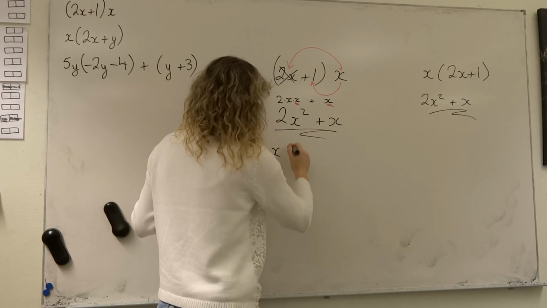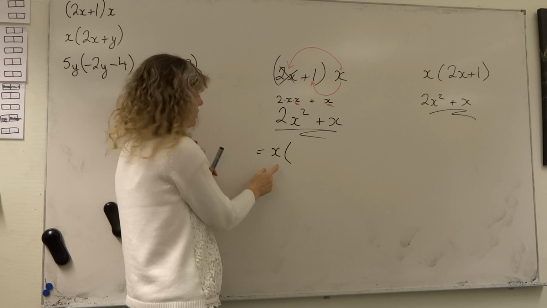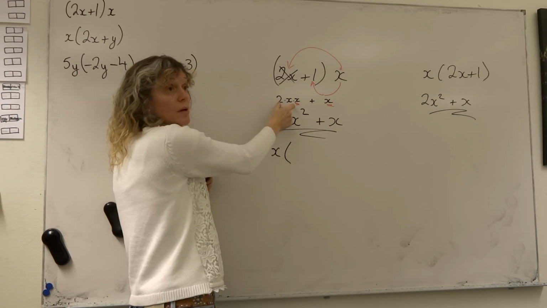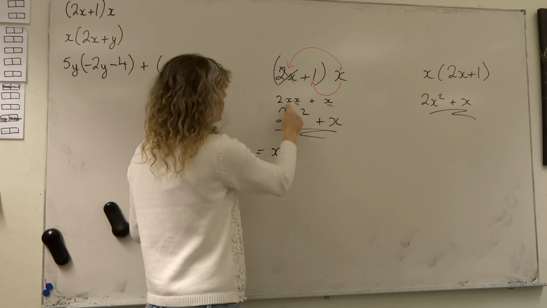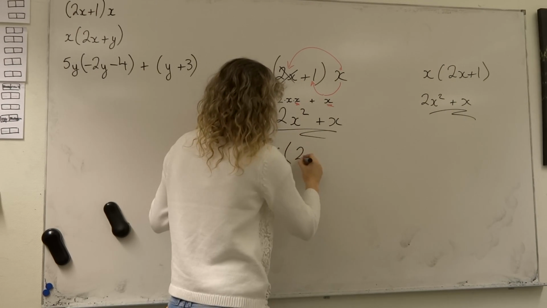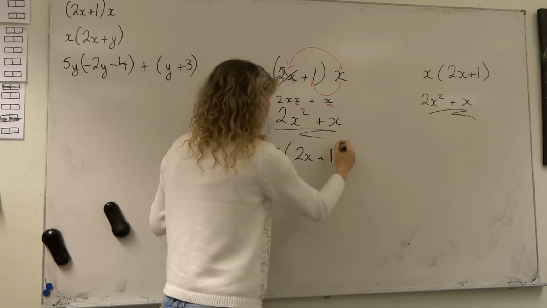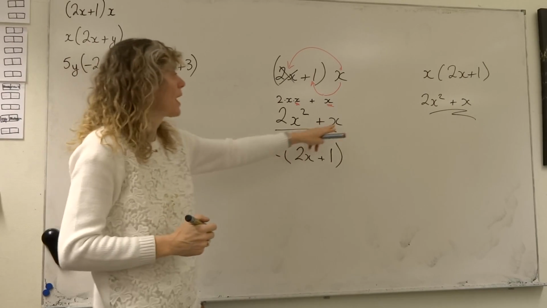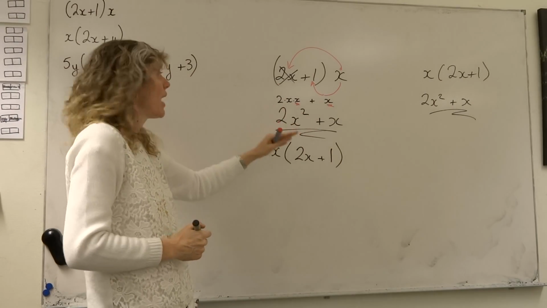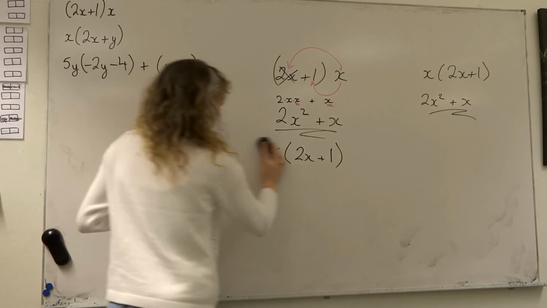Put the x outside the front, and I put whatever is not outside the front into the bracket. So here I've used up this x, so what's left over is 2x, and here I've used up this x there, so I've only got a plus 1 there, because 1 times x will get me back to plus x. So that's how we expand the brackets and put the brackets back in. Let's try the next one.